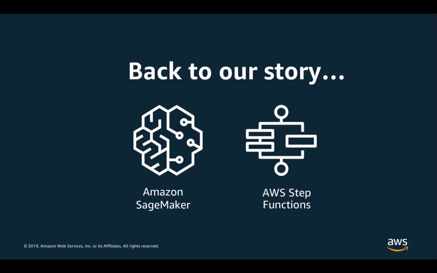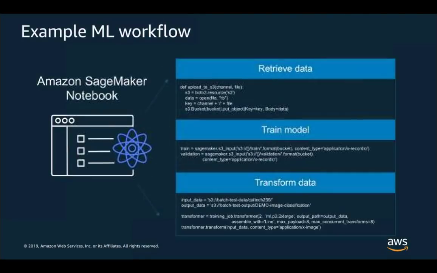Right? Step functions will make sure the transitions are happening the way they should be, and you just focus on the tiny bits of code that need to run at each specific step. So let's go back to our story of combining SageMaker and step functions and look at some additional features that will make your life much easier.